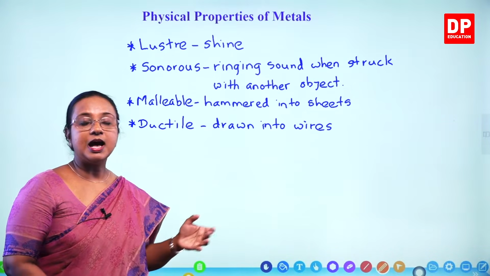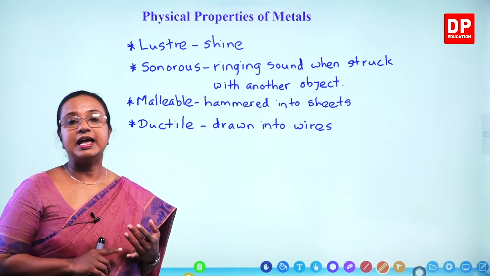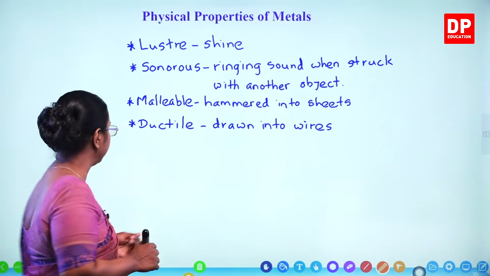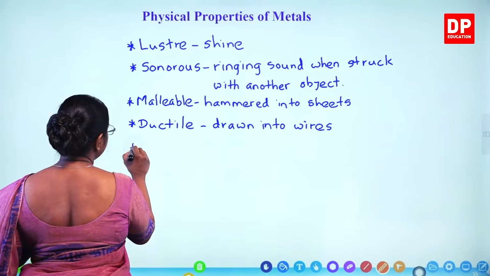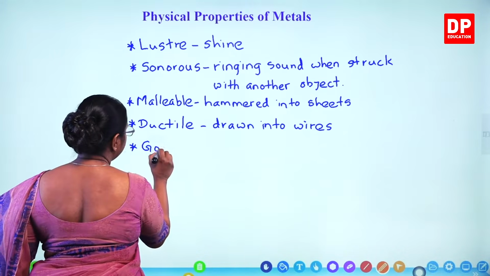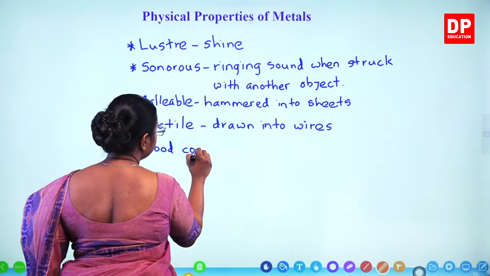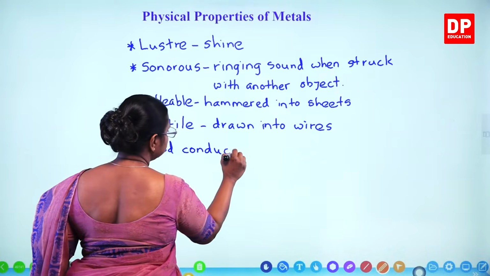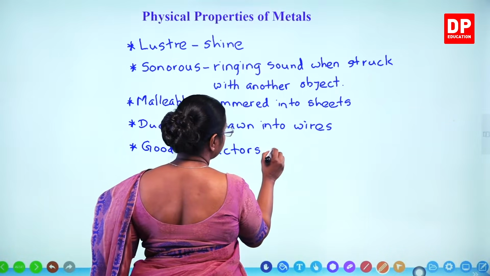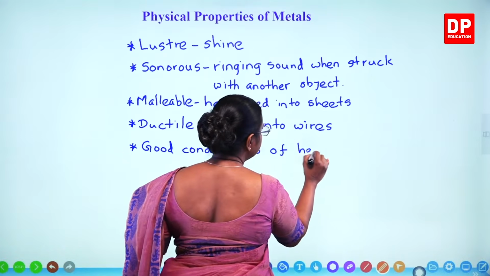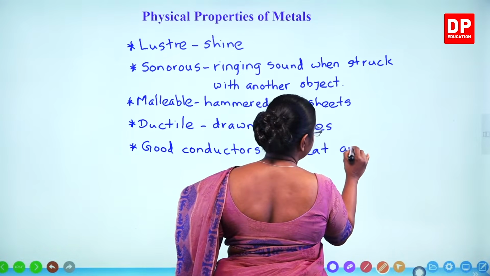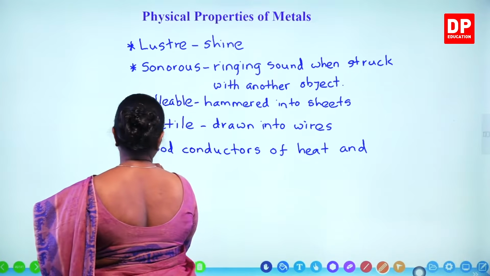So metals are good conductors of electricity and heat. That is the next property. They are good conductors of heat and electricity.